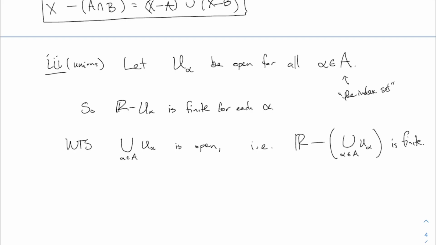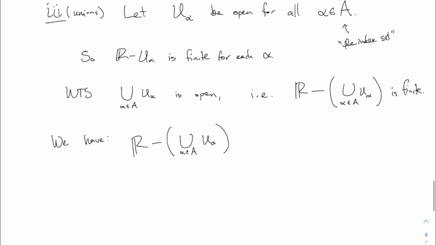Once we've set this all up, though, it works out fine. So we have R minus the big union, alpha in A, U alpha. The notation here is a little heavy, but the argument is basically the same as in the first part.